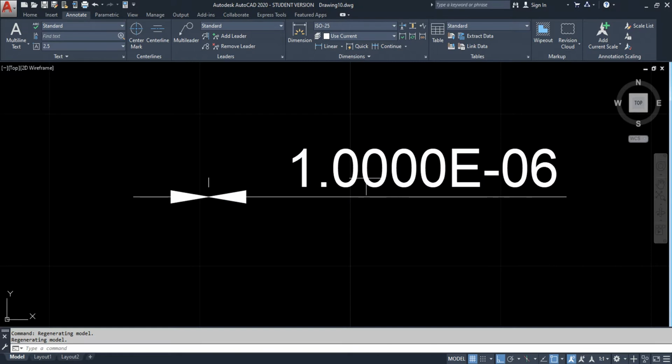If you're going to create micro level inches, it means you are going to design nanotechnology or a nano related design, so you can give input using scientific. So you can get the value as e power minus 0.6 like that.